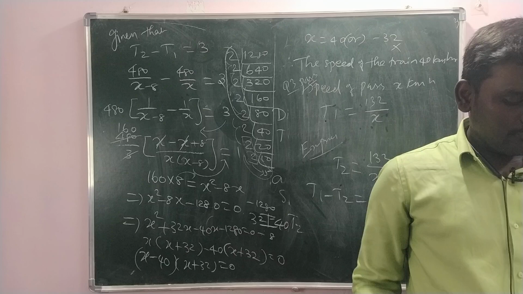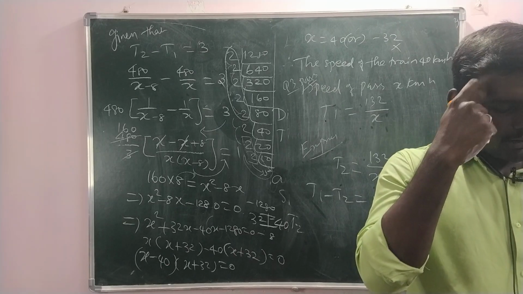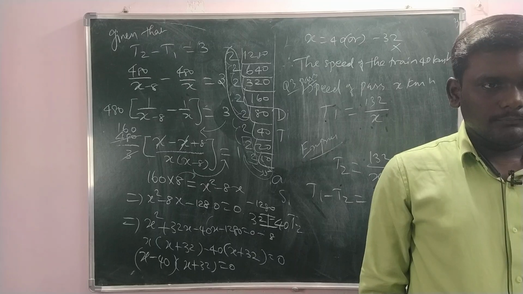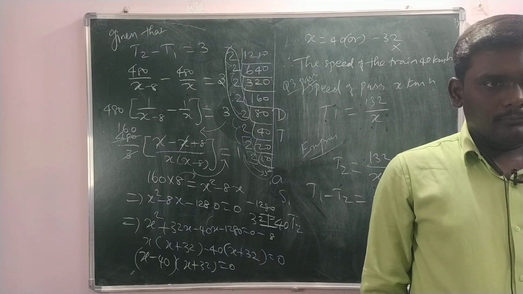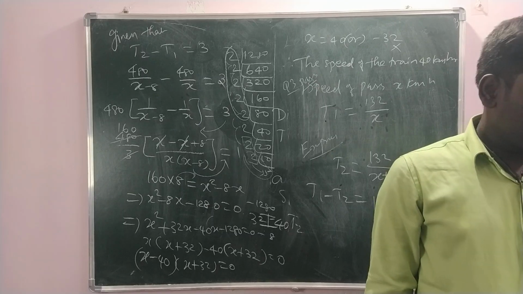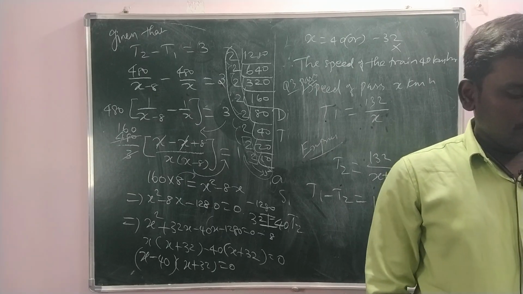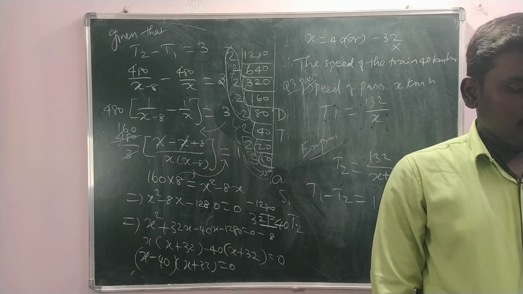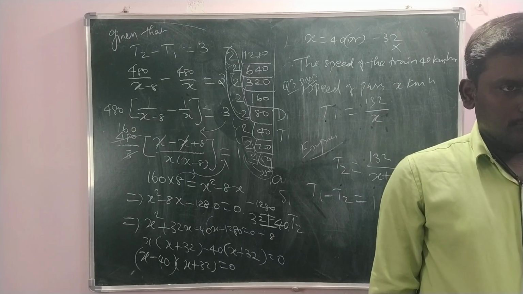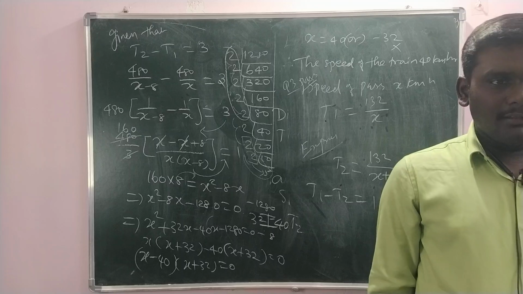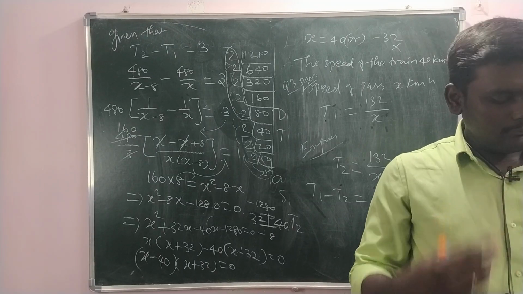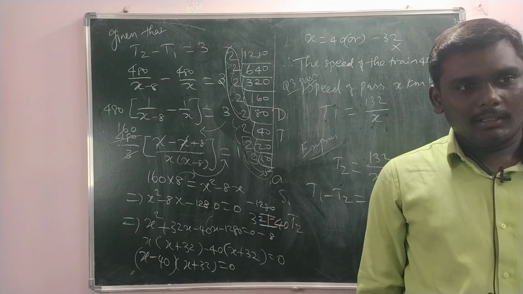Then T1, time taken in scheduled time. Good. Time taken at usual speed is 1500 by x.